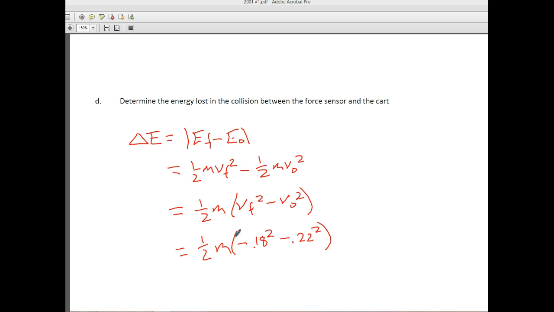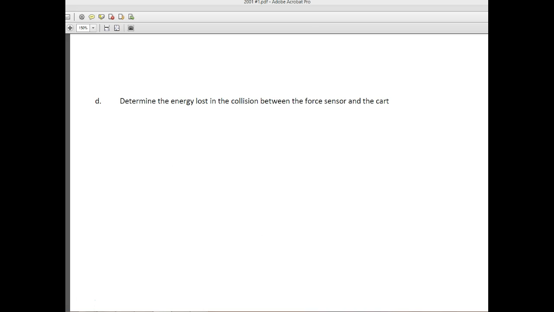And our mass, if you remember earlier, we solved for it is somewhere around 1.5 kilograms. So we'll just put that in right here, 1.5. Now you need to do your math, and when you're done, you should end up with 0.012 joules, and that is the energy lost in the collision between the force sensor and the cart. And that is a very simple AP Physics C problem.